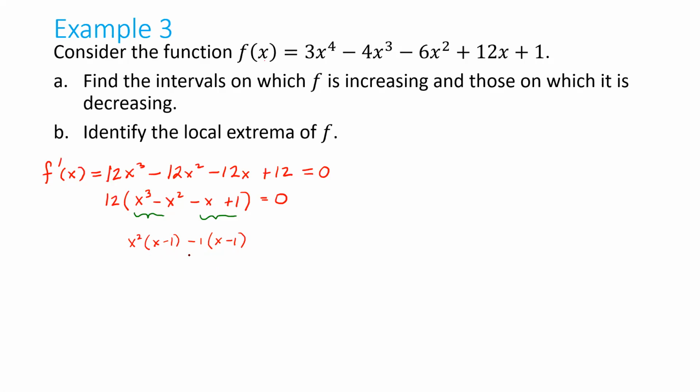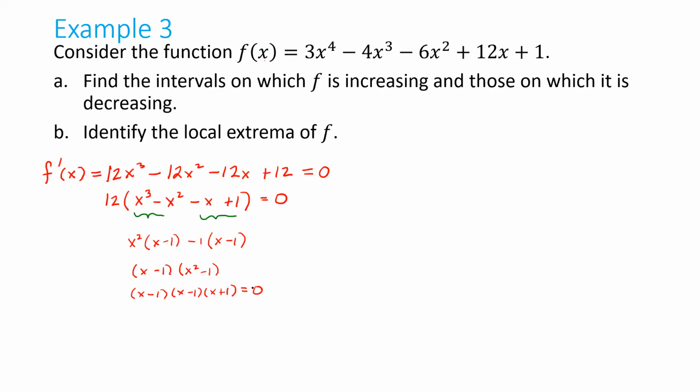And then I can factor out the x minus 1 between those two terms. That leaves me with x squared minus 1. X squared minus 1, I can go a little bit further with that, right? That's x minus 1, x plus 1. Okay.